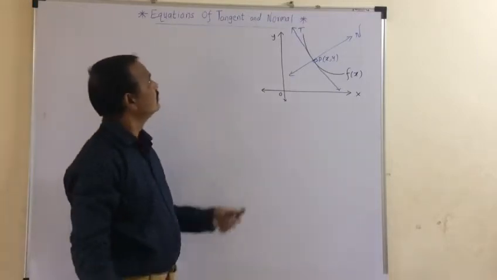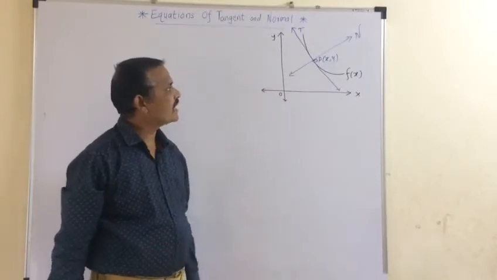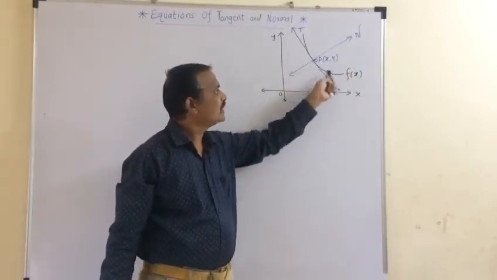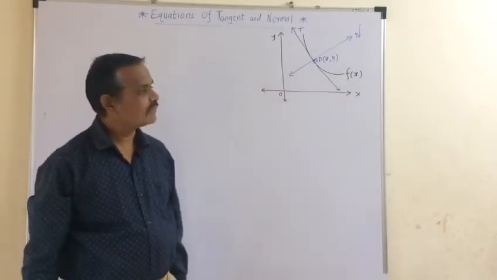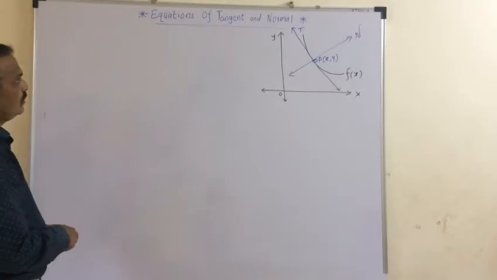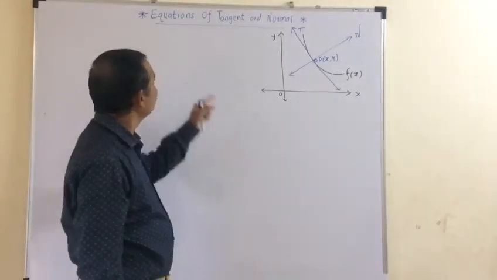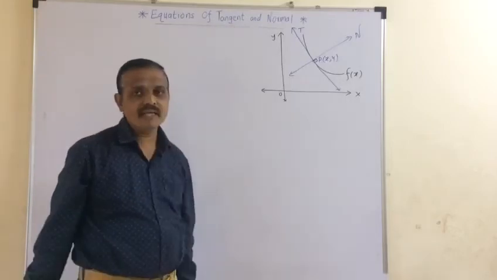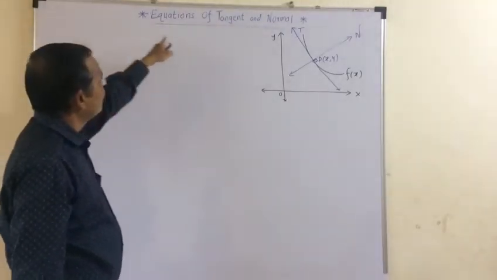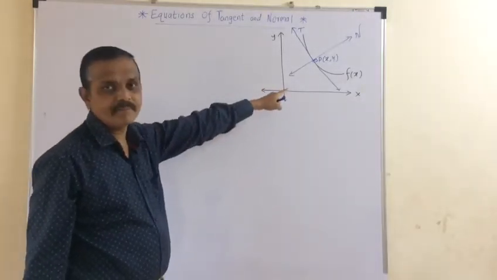So we get some ideas about tangent and normal to the given function. So I give some important steps to how to find equation of tangents and normal. First, students can note these steps with this diagram.